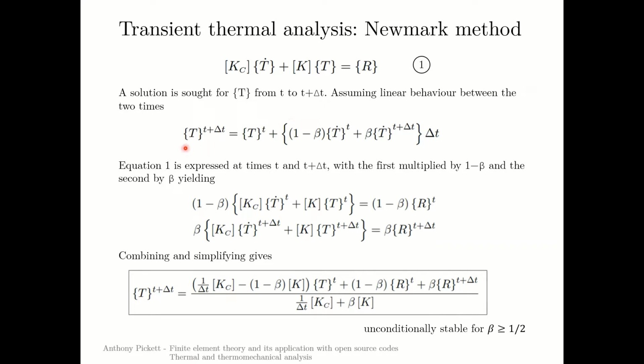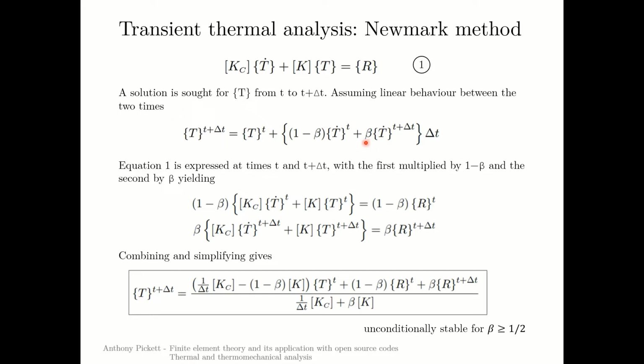We can assume this kind of a relationship where we say, okay, the temperatures at time t plus delta t is equal to our known temperatures plus some factor times temperature rates at time t, plus beta and temperature rates at time t plus delta t.